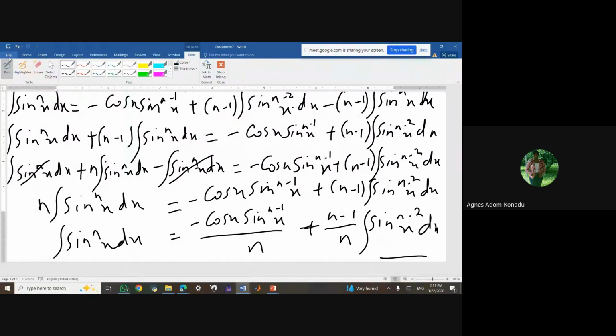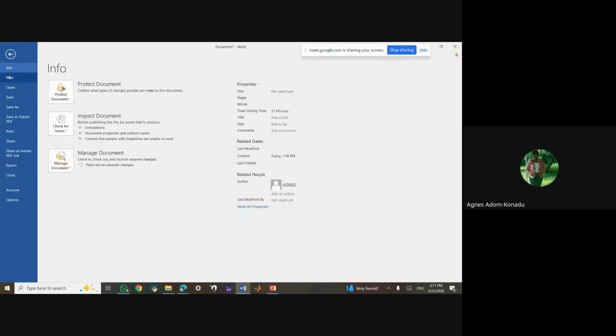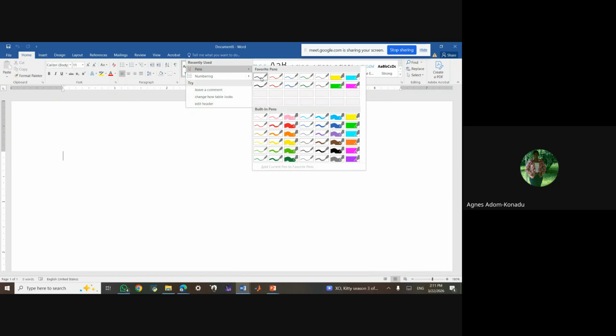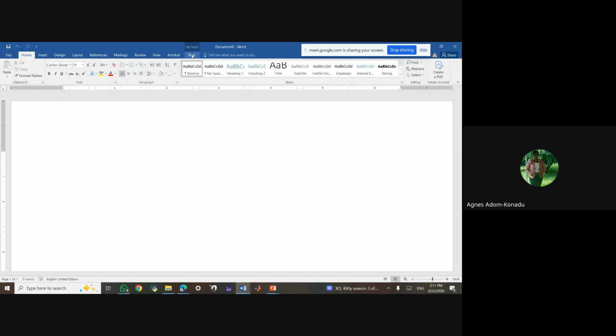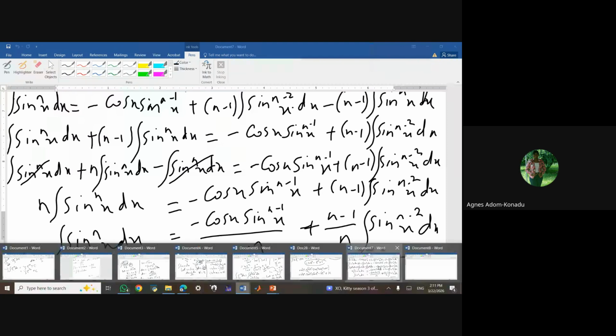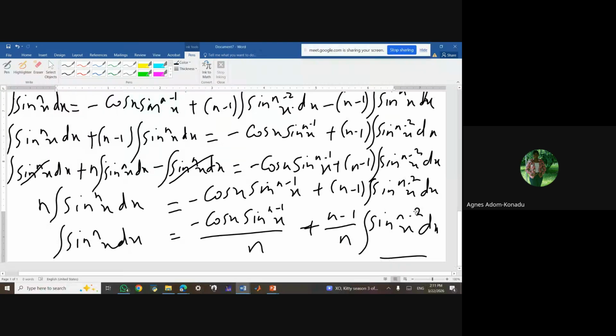So I want to use this to solve sine to the power 3. So my n should be greater than 2. And yes, because you were not paying attention or you were not following, because of n minus 2 here, my n should be greater than 2. So I can choose n equal to 3.